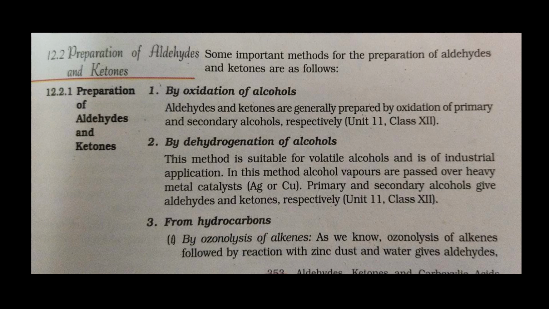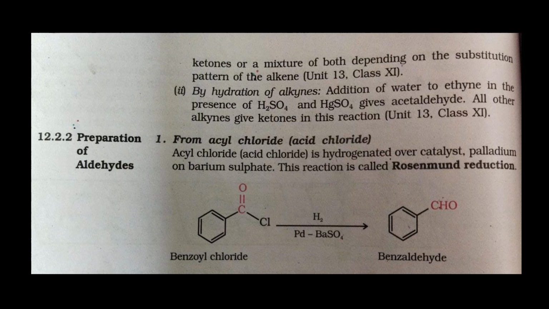Third one is from hydrocarbons. First one, by ozonolysis of alkenes. As we know, ozonolysis of alkenes followed by reaction with zinc dust and water gives aldehydes and ketones, or a mixture of both, depending on the substitution pattern of the alkene. Refer Unit 13, Class 12.